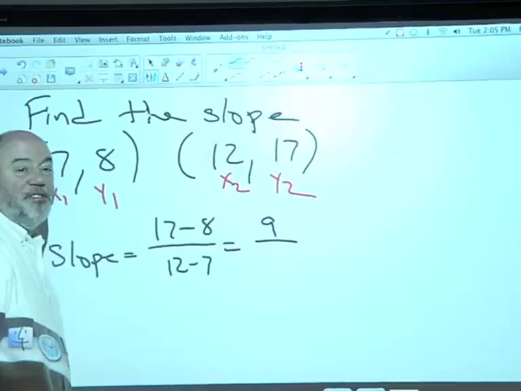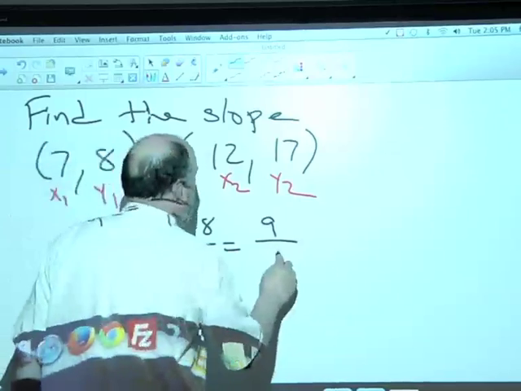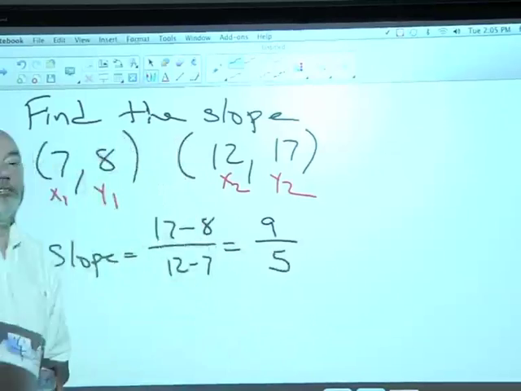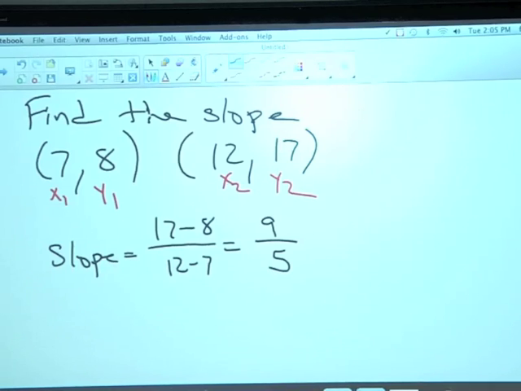And 12 minus 7 is 5. There's my slope. Right? So if you're talking in terms of rise over run, it's up 9 for every 5 to the right. So up 9 over 5. Okay.